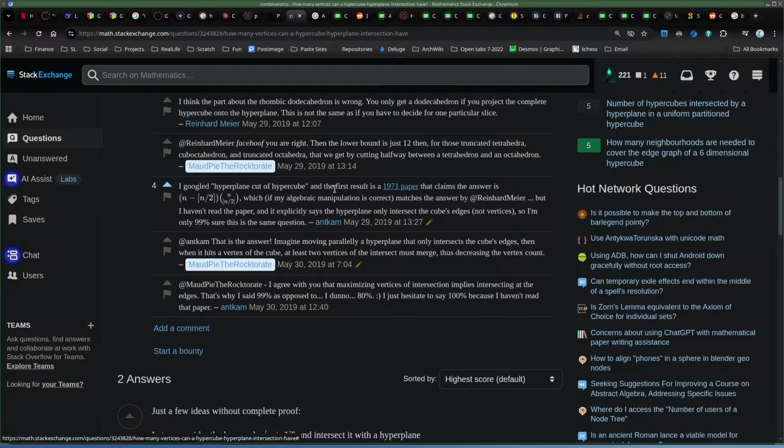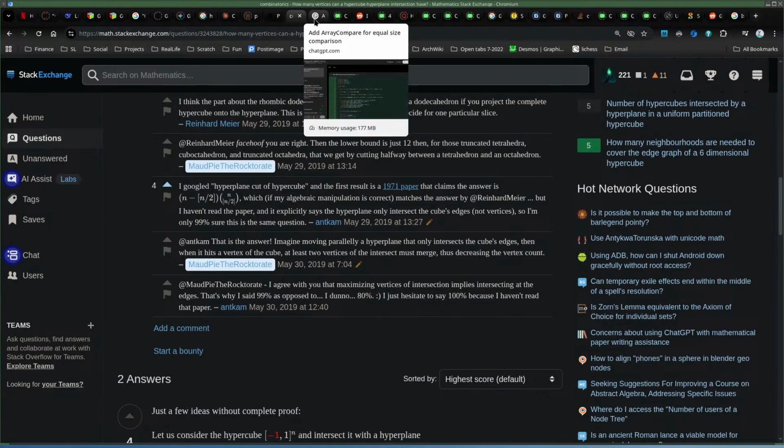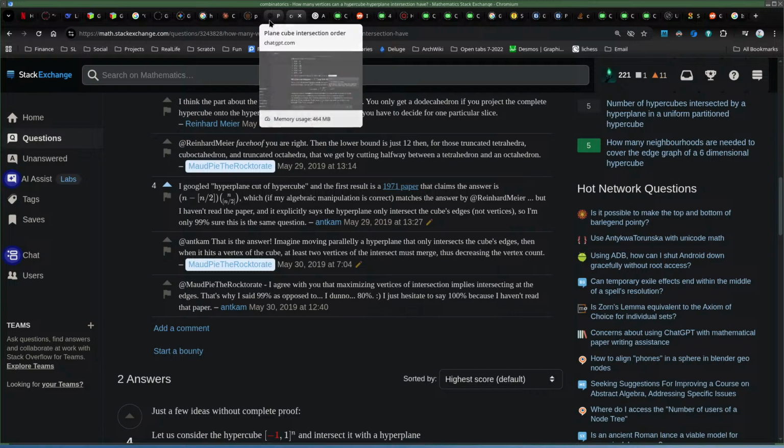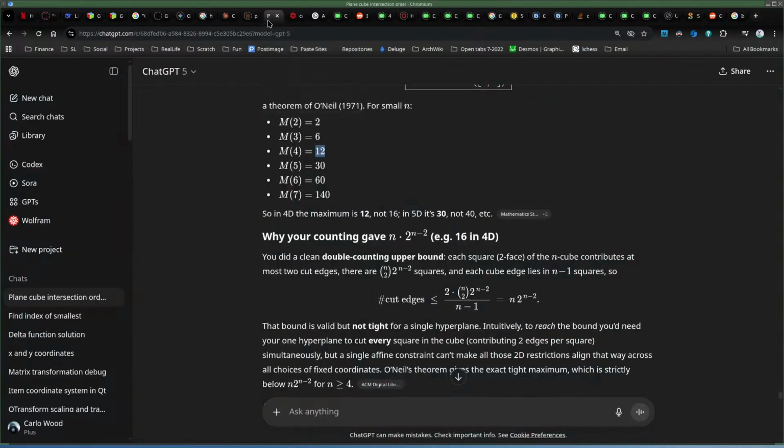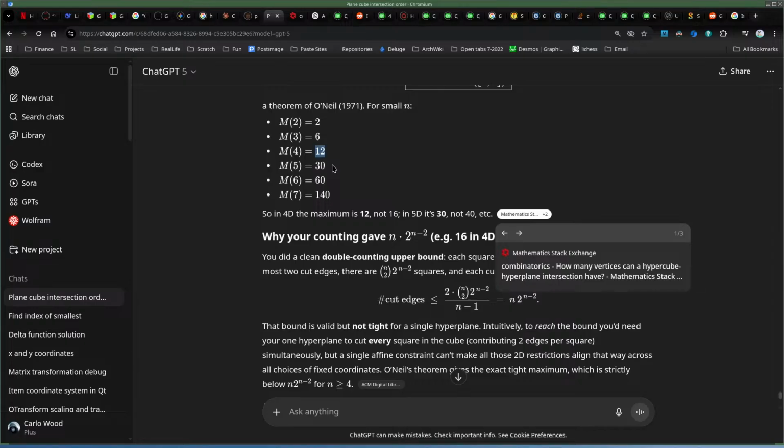Probably didn't want to click here. $30. So my formula is n times n-1. So that is 2 times 1 is 2. 3 times 2 is 6, 4 times 3 is 12, 5 times 4 is 20.